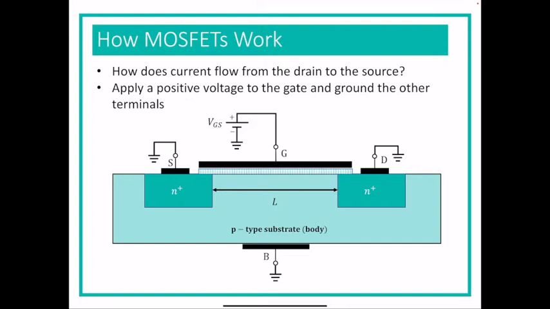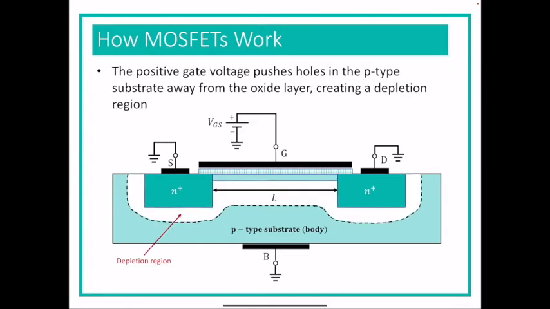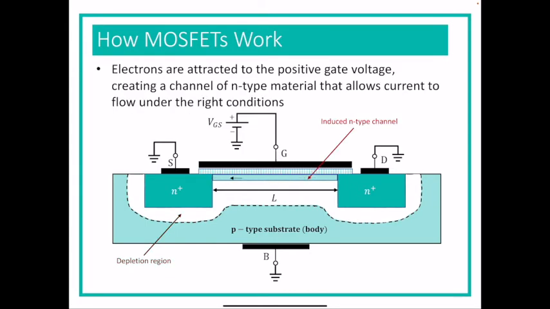We apply what we call VGS, and the holes in the p-type substrate move away from the oxide layer, just like with the MOS connection, and so we get a depletion region. We also get an area in which electrons become attracted from one end to the other. So there's actually a channel of electrons. This is the N-type area that is created along with the depletion region.